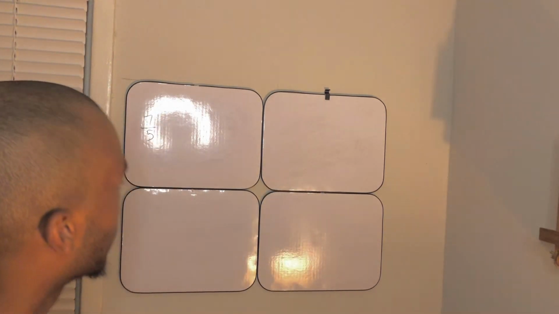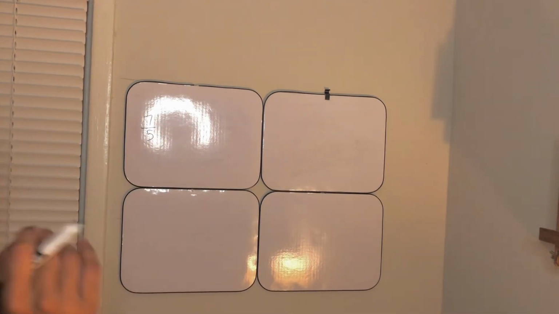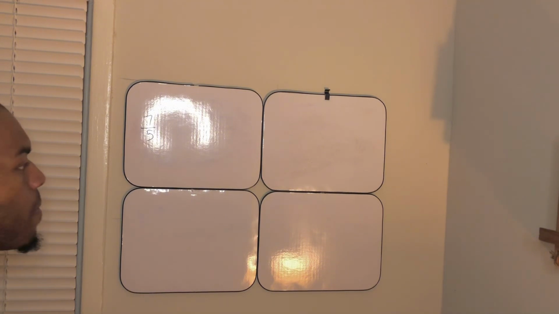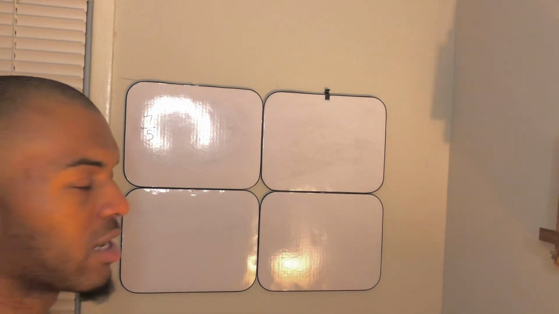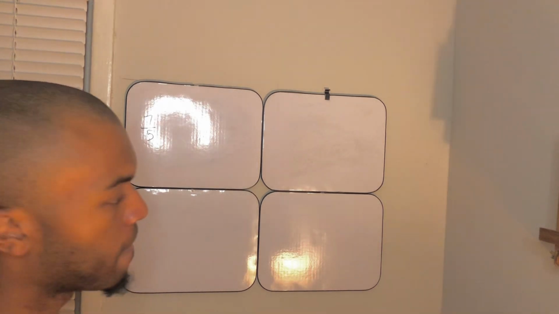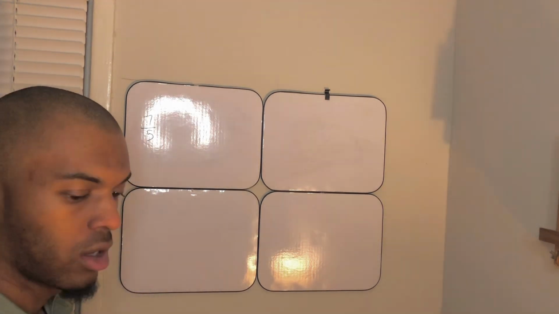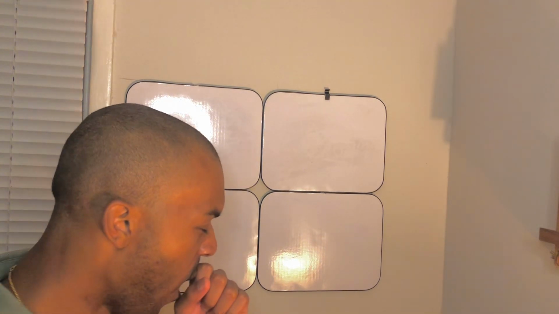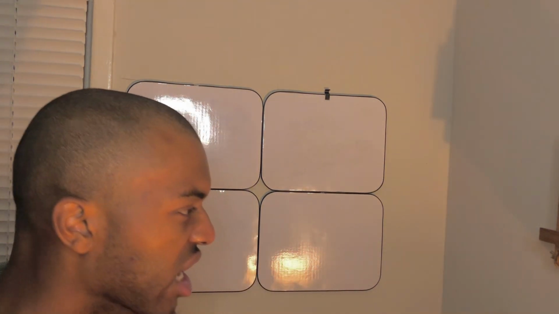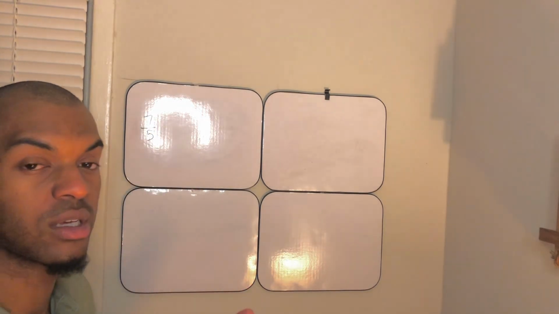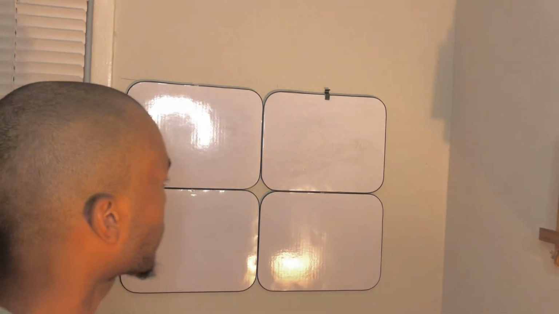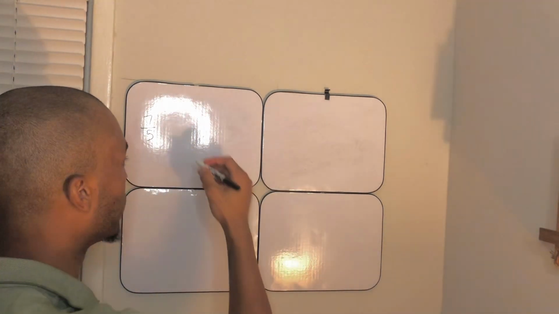So how do we turn 7/5 into a mixed number? Well, first thing that we do is we see how many times 5 goes into 7. Within the number 7, we can fit 1 5. So let's write down that 1.